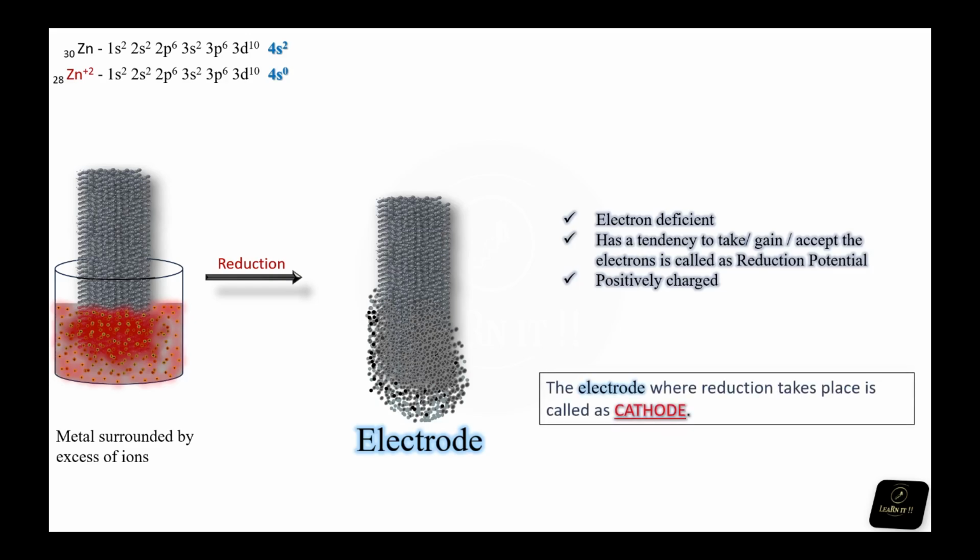The electrode where reduction takes place is called the cathode. Representation of zinc cathode is as follows: Zn+2 ion having a certain concentration C is in contact with zinc, which is solid.